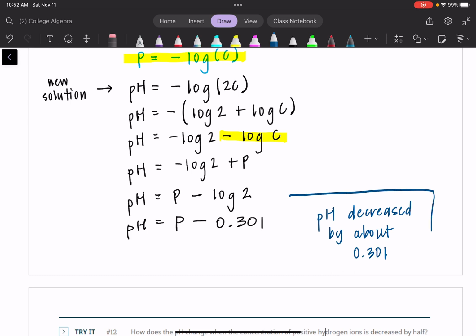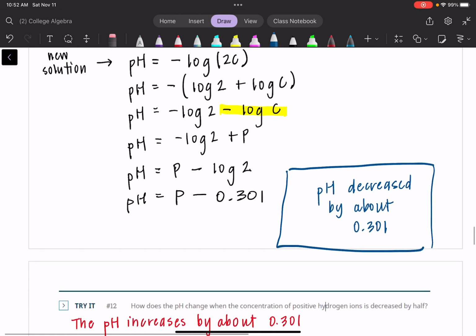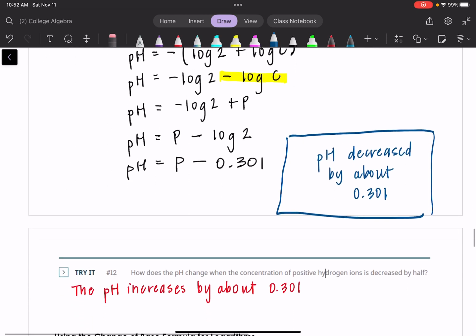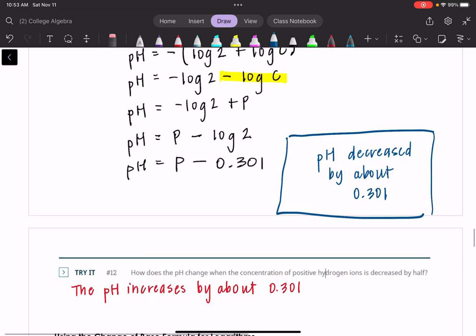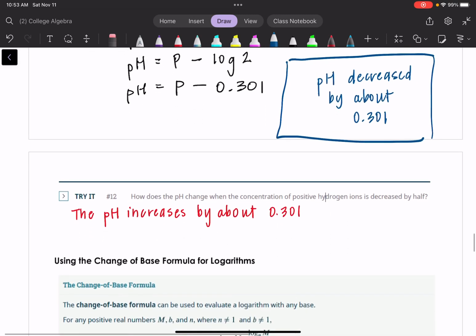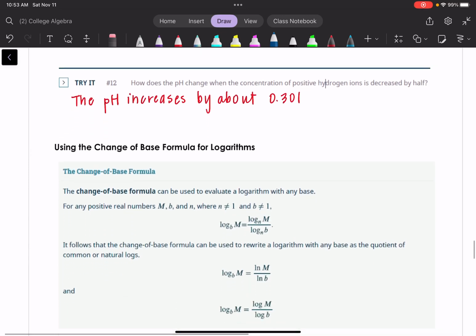And so that is how we can determine the effect on doubling the concentration of those positive hydrogen ions in the pH of the solution. So even though we doubled the concentration, our pH only decreased about 0.301. And so you'll use that same process each and every time. So if you want to try one of those, go ahead and do that.